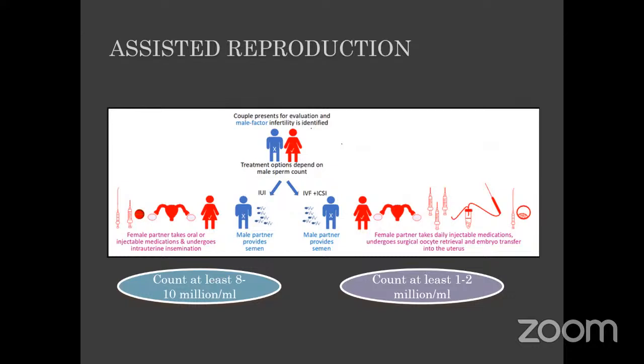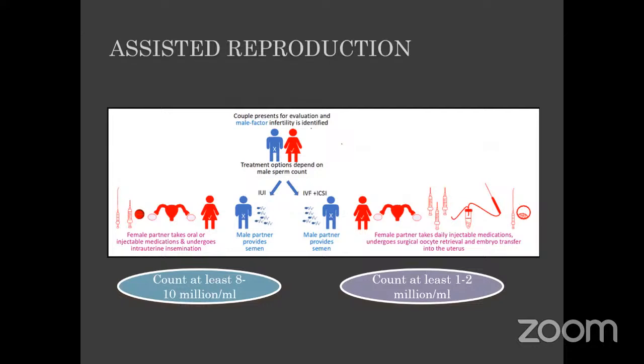Once the egg is ready to be released or ovulate, the male partner provides a semen sample, which is processed in the lab and then inserted into the uterus. This is a fairly simple and straightforward procedure, does not require a lot of injections, does not require any hospital admission, and has good success rates in male factor infertility of about 20 to 25% per cycle.